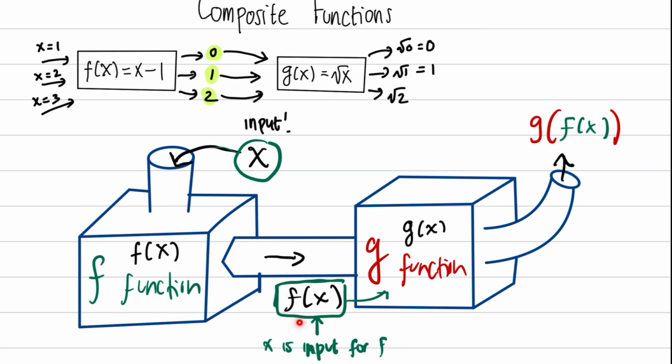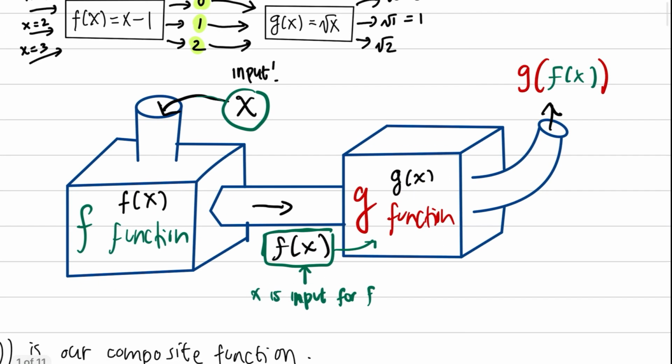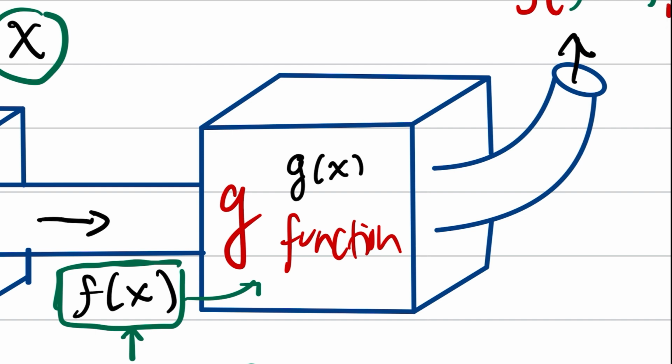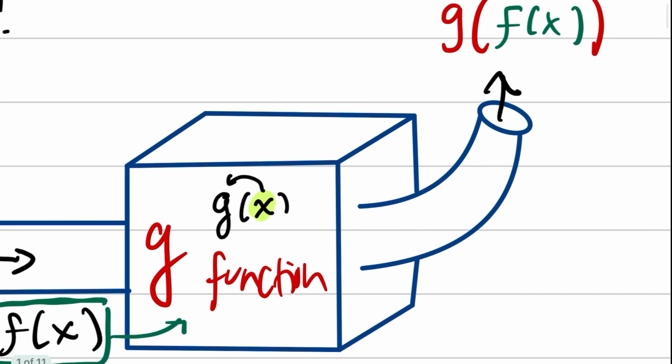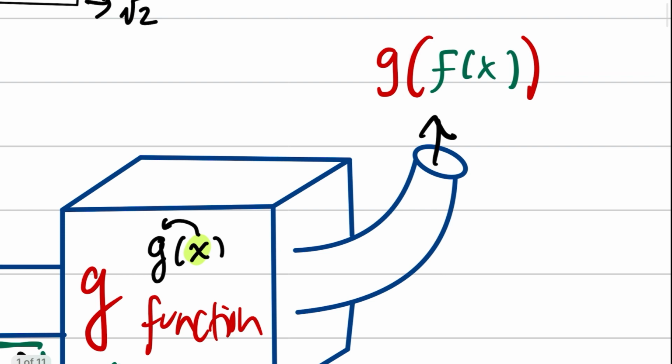Now this f(x) is the input for the second machine, which is g(x). Pay attention that g(x) means that we substitute x into g. But now we use f(x) as my input. So instead of writing g(x), we write g in the bracket f(x).